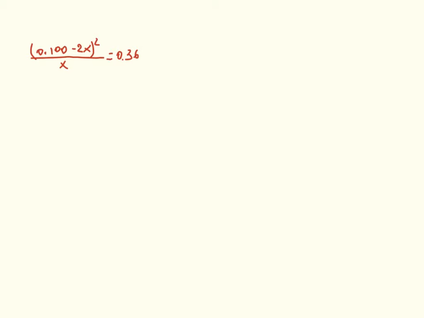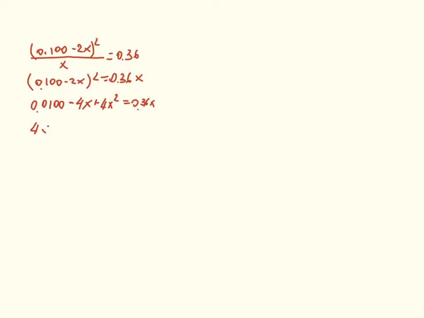So first of all, let us simplify this equation. 0.100 minus 2x squared equal 0.36x. I just multiply both sides by x. And now I need to open the parentheses, and it's going to be 0.0100 minus 0.4x plus 4x squared equal 0.36x.